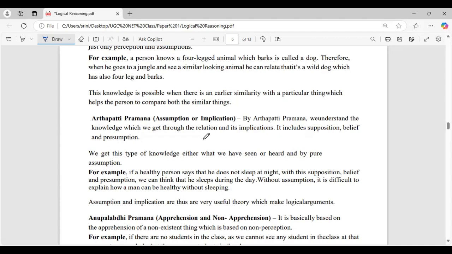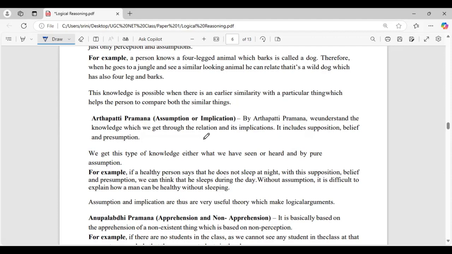So what we think is he may be sleeping in the daylight. So what we assume or imply is that no one can be healthy without sleeping for 6 to 8 hours. That is assumption or implication.